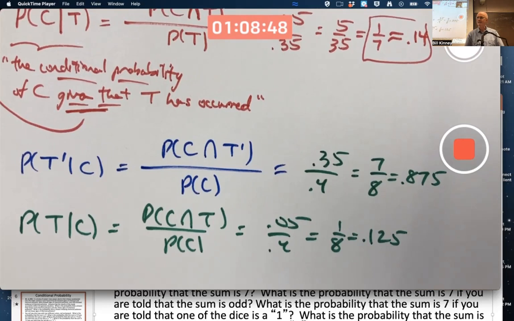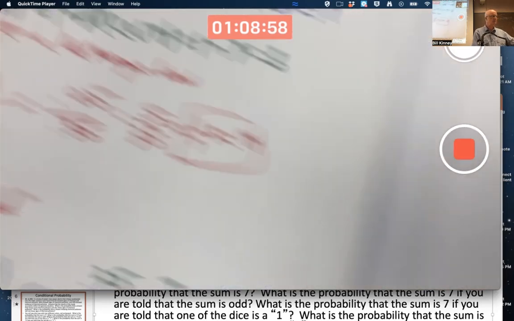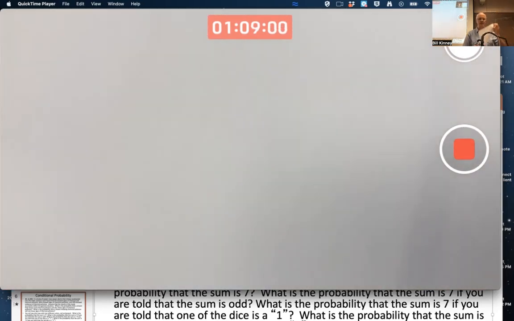For our last 5 minutes, let's continue talking about conditional probabilities, but with maybe what you might think of as a simpler situation. You can get out your deck of cards if you like. You don't have to.